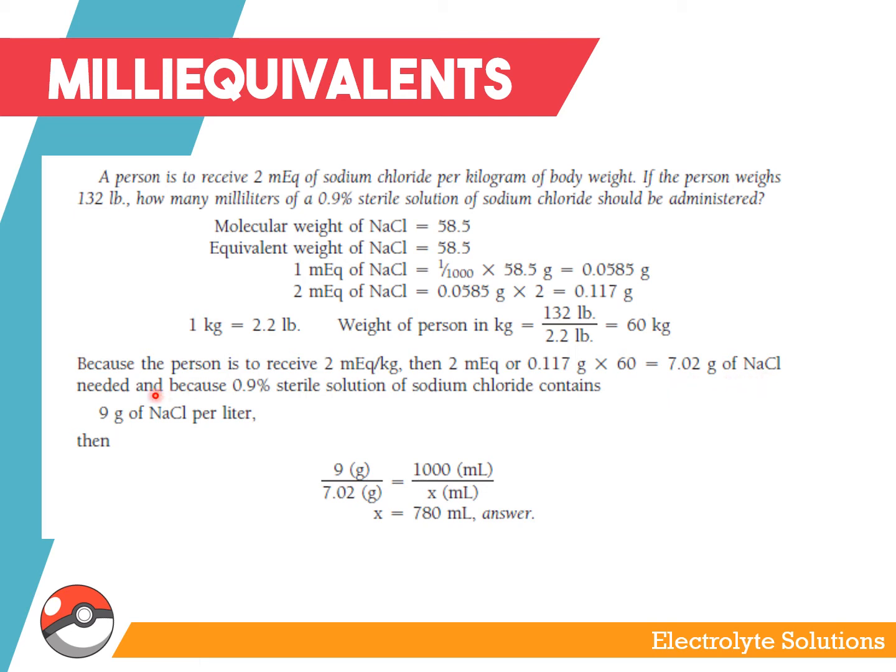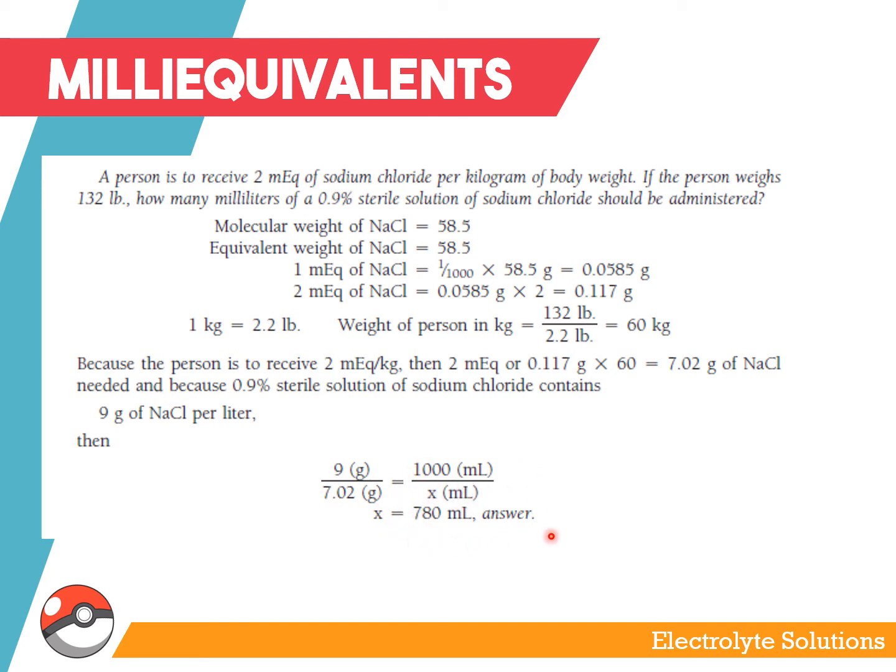Because a 0.9% sterile solution of sodium chloride contains 9 grams of NaCl per liter, 9 grams is equal to 1000 ml. So 7.02 grams is equal to 780 ml.